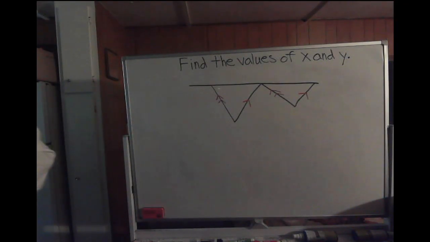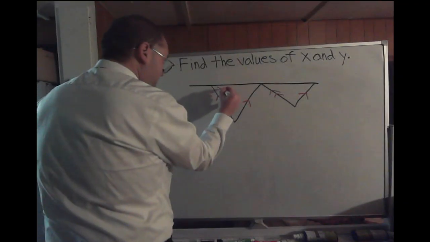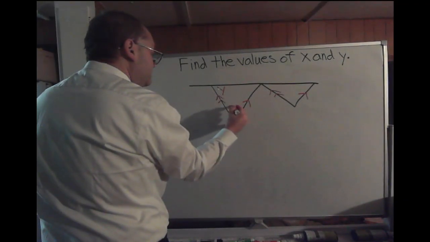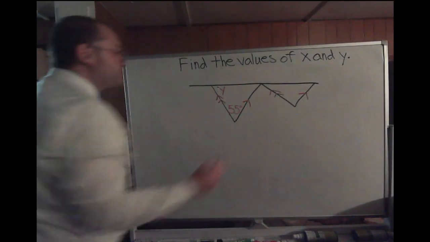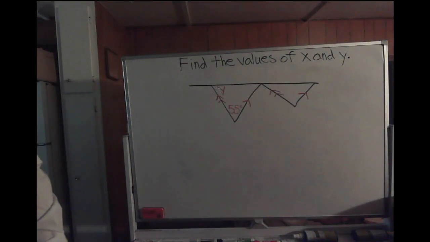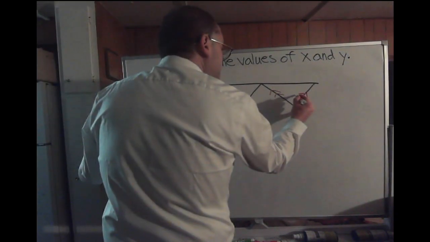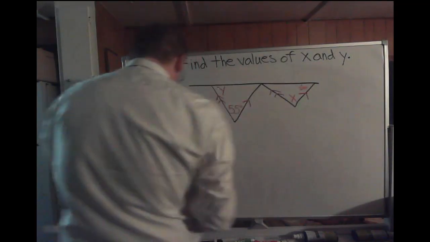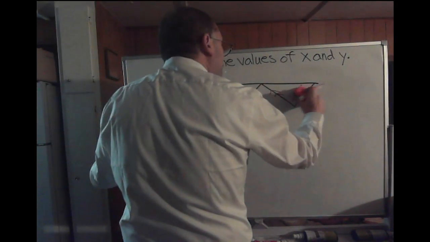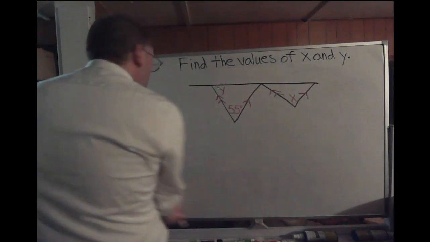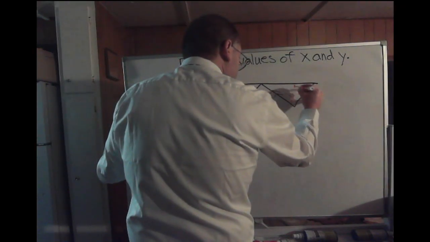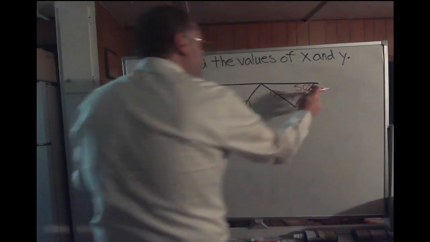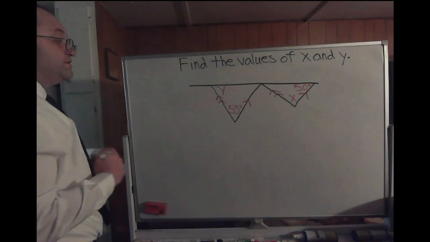Now they give us y for this angle, 55 degrees for this angle, x for this angle, and 50 degrees on this angle here at the right. So we need to find x and y.